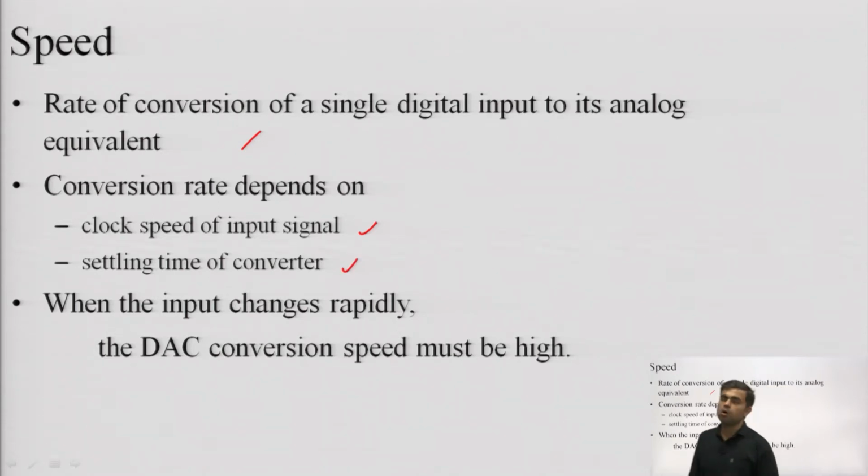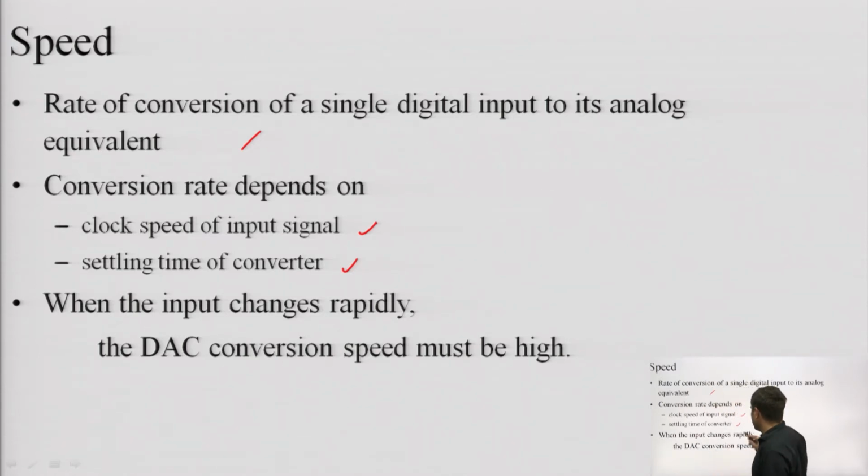Clock speed means how fast the data is able to enter that circuit. That depends on the clock rate. So the higher the clock rate, the more data can be entered, and the lower the clock rate, the less data can enter the DAC. Then settling time of the converter means the time it will take to settle down. So the faster it settles down, the quicker it will be in response while providing the actual output.